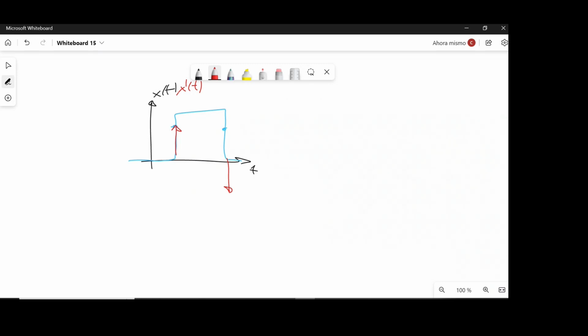So I have a Dirac delta there, and I have another Dirac delta. This goes up because my edge is from left to right, and here my edge is from right to left. So this is a positive edge, this is a negative.